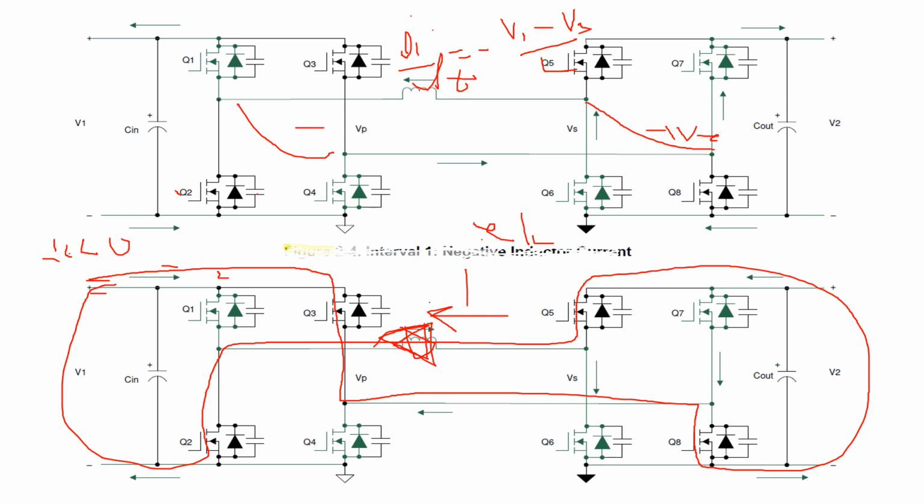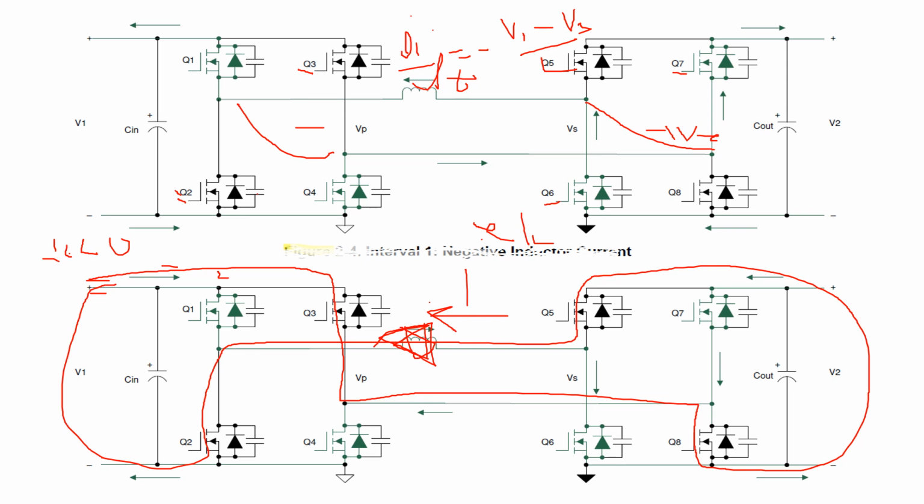During this interval, switch Q2, which is this one, and switch Q3, which is this one, continue to remain turned on. But as the voltage across the secondary side is now negative V2, switches Q6 and Q7 turn on to conduct. In this case, let me use a purple.